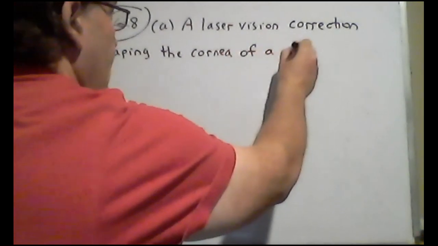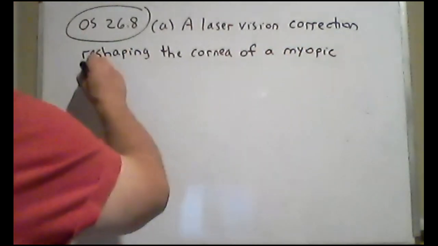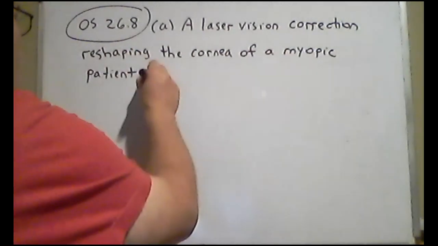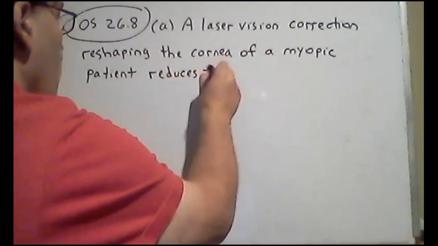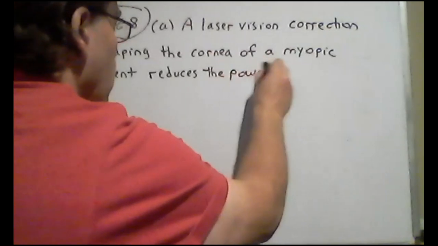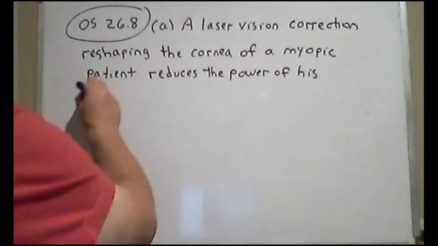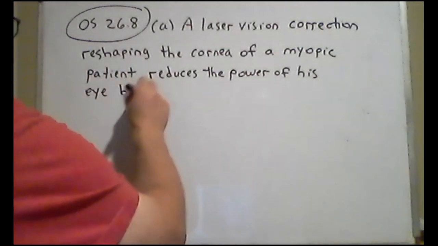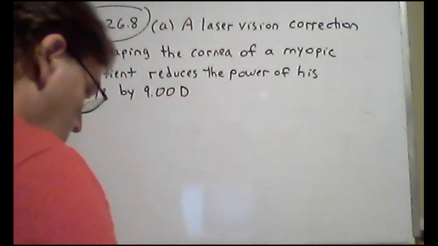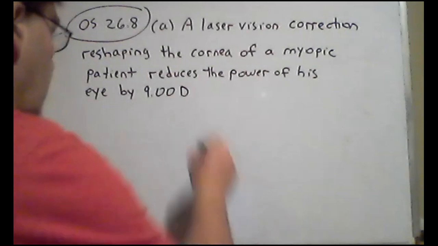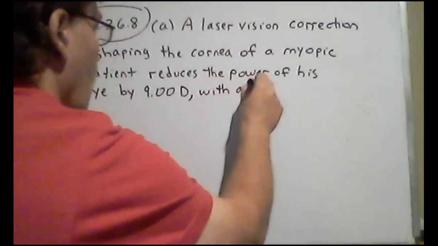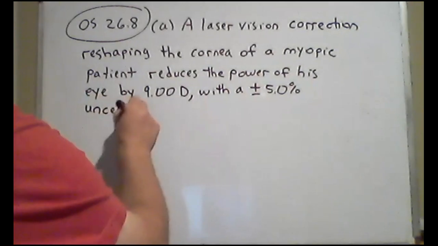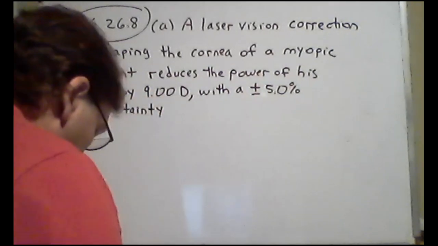Myopic means nearsighted. It reduces the power of his eye by 9.00 diopters, with a plus or minus 5.0% uncertainty in the final correction.